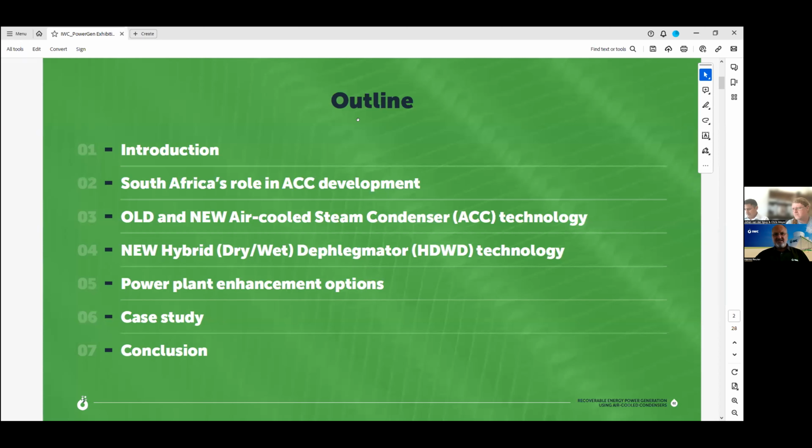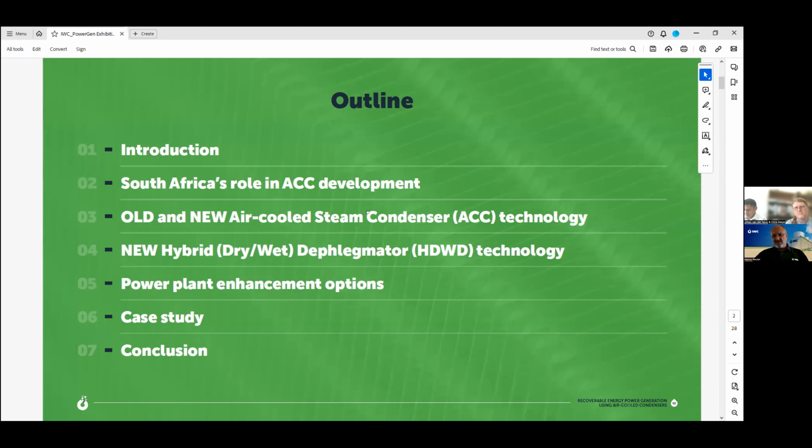Thanks for this opportunity. I'll be discussing the following. I'll give you a slight introduction just to give some context, then inform people of the significant role that South Africa has played in the development of air-cooled condenser technology. And then describe some of the technologies of old and new developments that we're busy with.